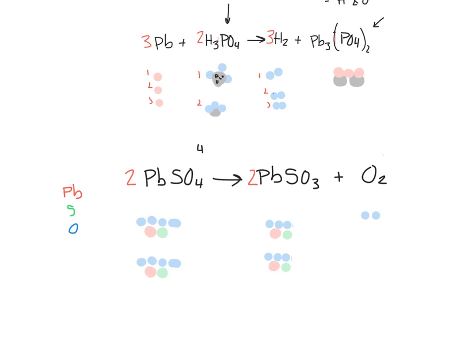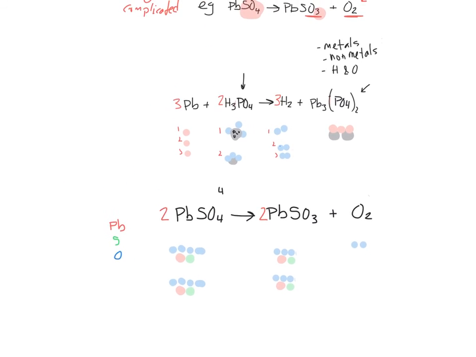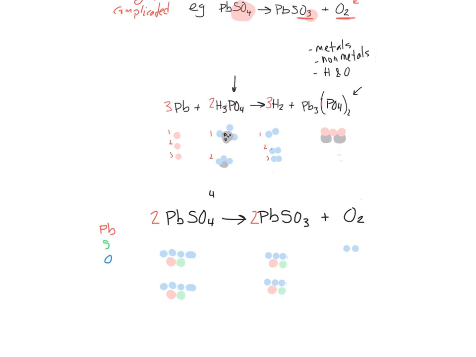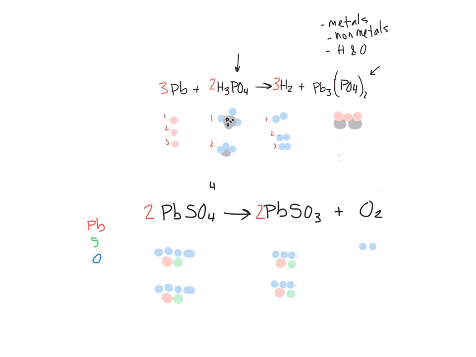So yeah, point is, you basically approach the problems the exact same way as you've already been doing. You just have to be careful about whether or not you're labeling this phosphate group as one blob, or are you labeling it as multiple blobs.